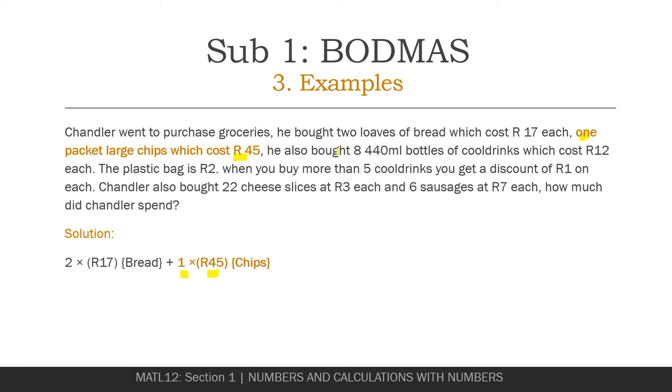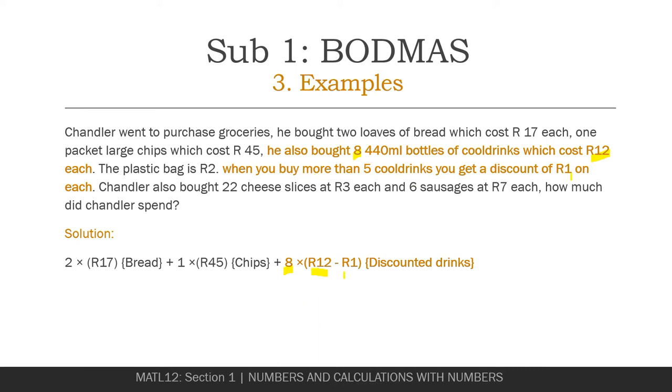He also bought 8 times 440 milliliter bottles of cool drink, which costs 12 Rand. So now this is the 8 that I'm talking about. This is the quantity 8, and then I'm also looking at 12 Rand each. But remember that when you buy more than 5 cold drinks, you get a discount of 1 Rand.